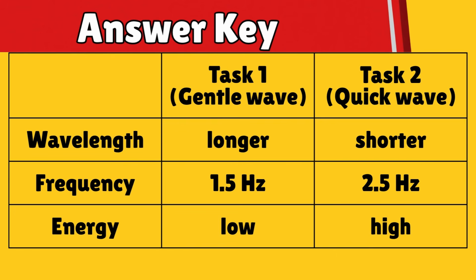For frequency, in task 1, where we have a gentle wave, the frequency is lower. It's just 1.5 Hertz. And for task 2, the frequency is higher, 2.5 Hertz. And for energy, for task 1, the energy is low, and for task 2, it is comparatively high.